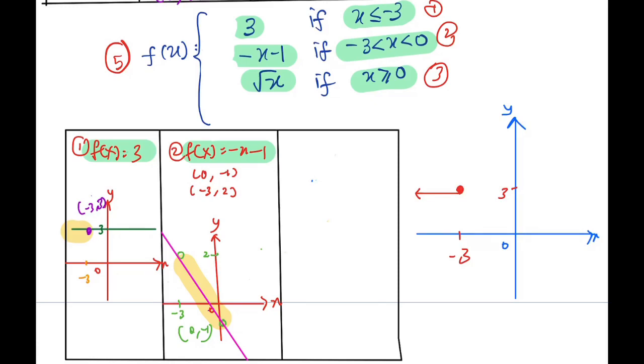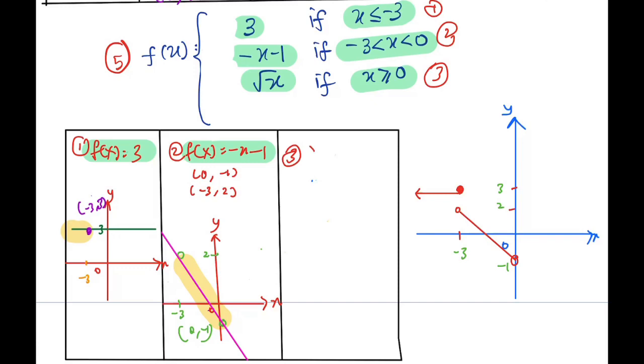First of all, it is (0, minus 1), and this is not included. Another one is (minus 3, 2). We already have (minus 3, 3), so let's just draw (minus 3, 2) somewhere here, and then let's just connect the dots. So now you have finished transferring the point and also connecting the line.